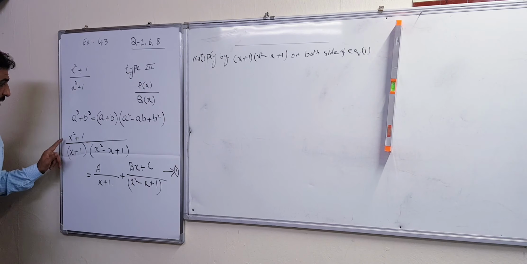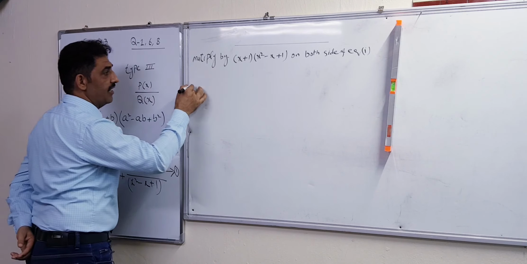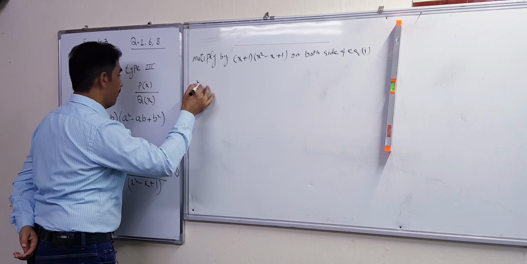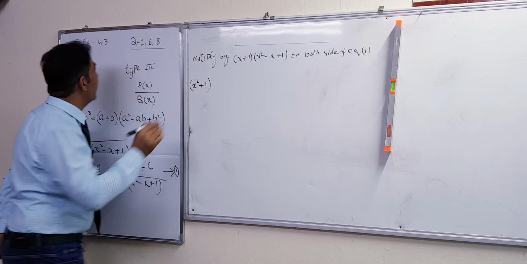When we multiply on the left hand side, all the denominators will finish. Before, what is that? x square plus 1, it's already given.